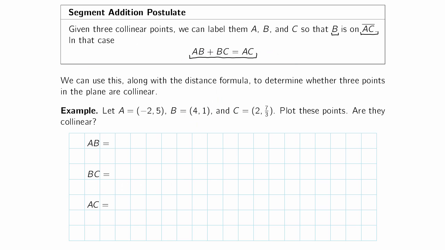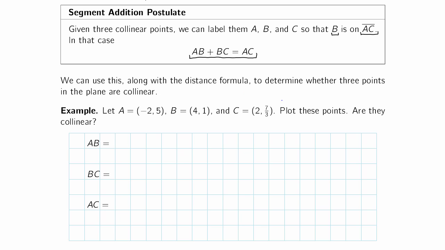Now, we can use this fact along with the distance formula to take 3 points and decide, are they collinear? In this example, I'm going to start by plotting my 3 points, and then we can just look at them. But our ultimate goal is to do this without plotting the points, partially because very often we have points with unpleasant coordinates.